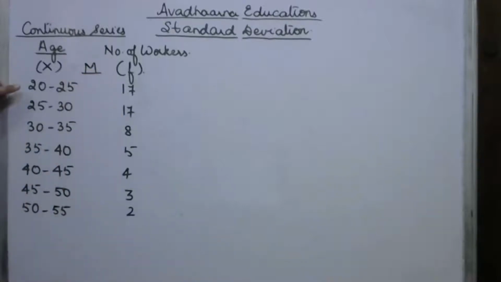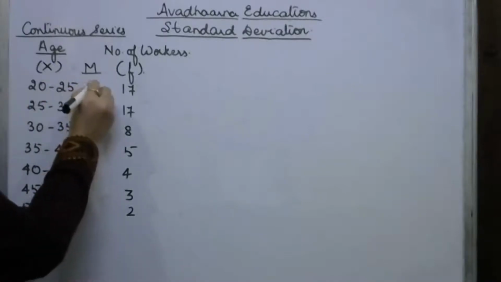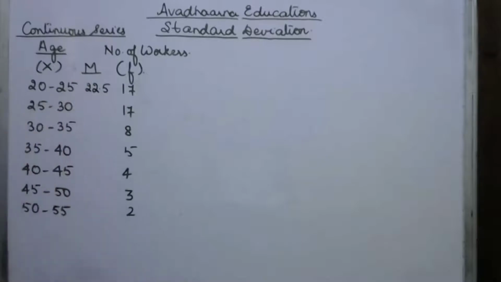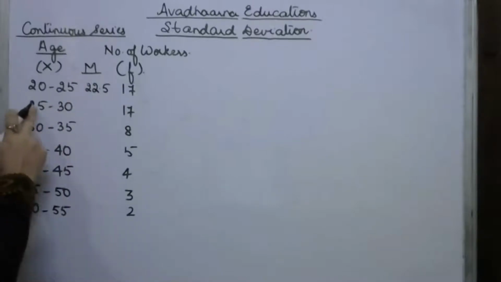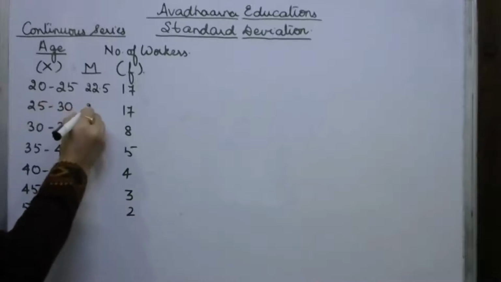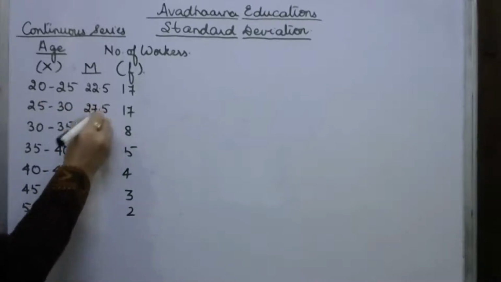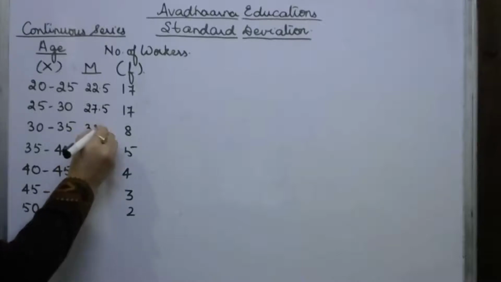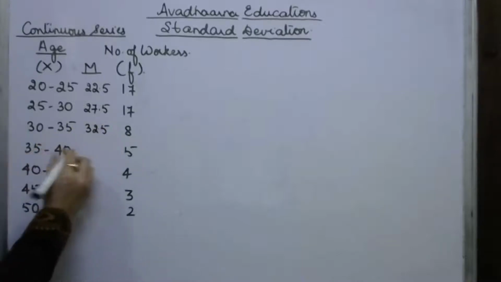And the formula for calculating m is lower limit plus upper class limit divided by 2. 20 plus 25 is 45 divided by 2, which will be 22.5. Then 25 plus 30 divided by 2, it is 55 divided by 2, which is equal to 27.5. Then 32.5 will be the mid value of this class interval.